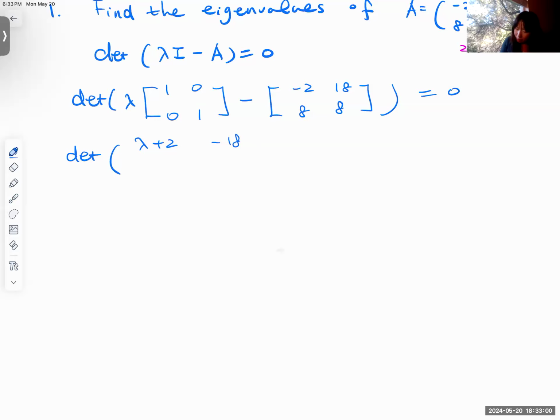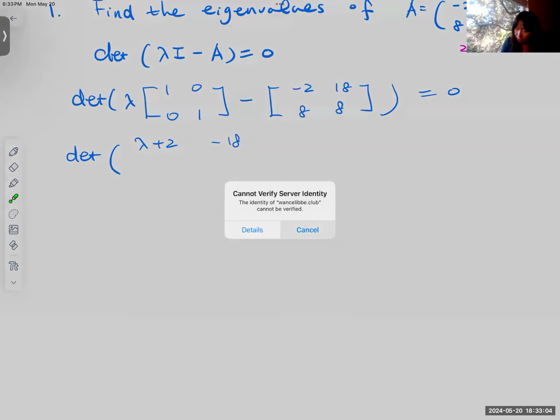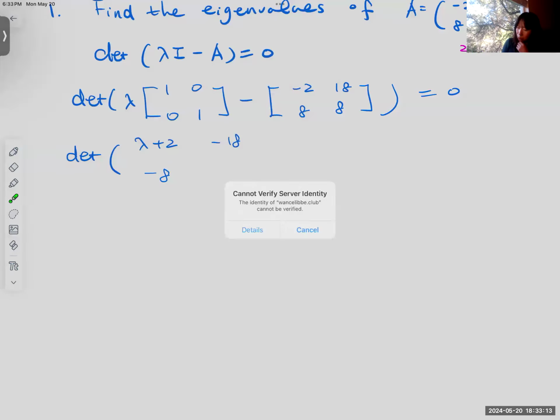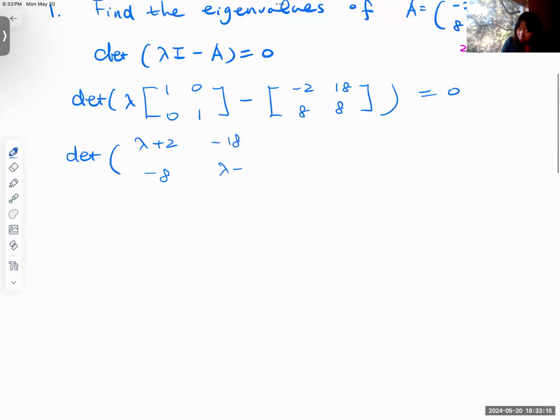And this is -8. And this is lambda minus 8, right? Okay, so we can find the determinant of a 2 by 2, right?